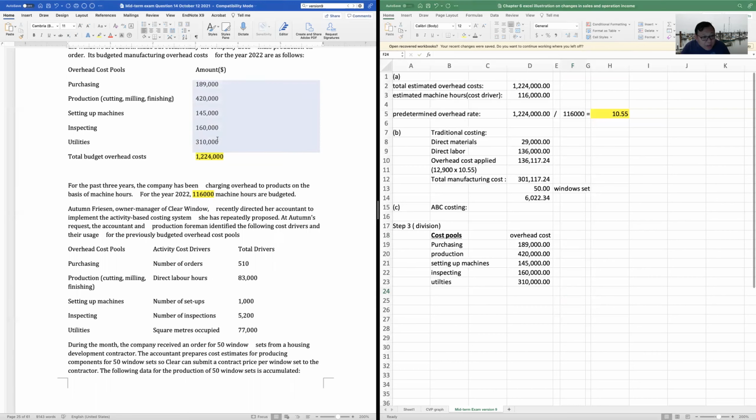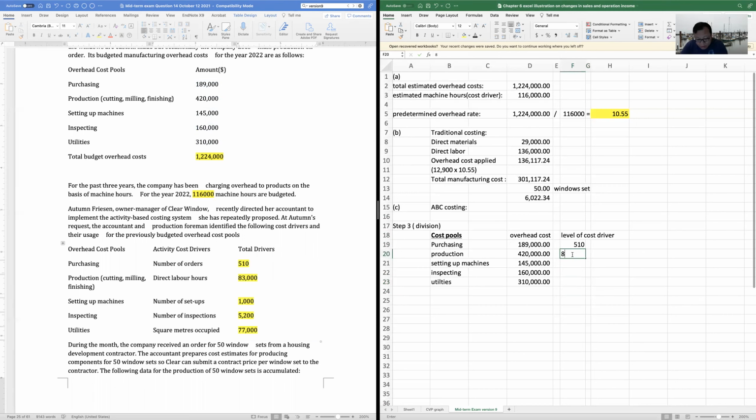This information is translated here, and then the activity level, the level of cost driver. So that's 510. So that information is here. That information is here.